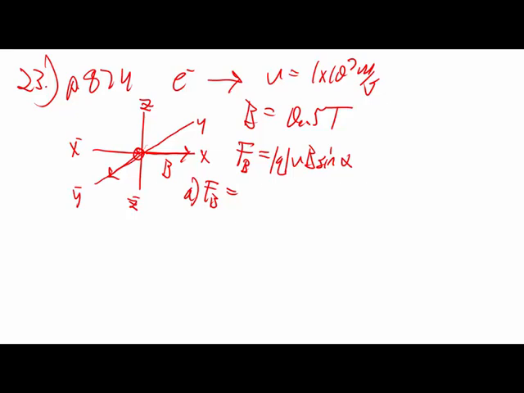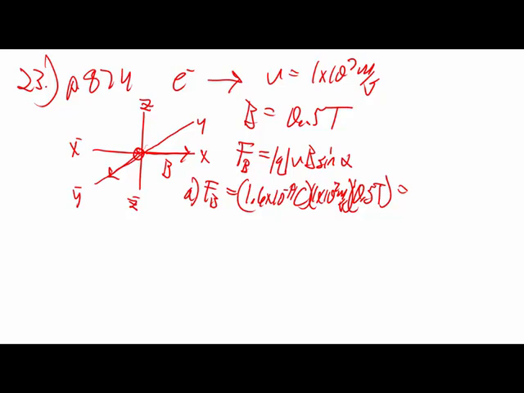Now it's the absolute value, so we're going to make it positive. So it's 1.6 times 10 to the negative 19th coulombs, and then times the velocity. We were given the velocity, which is 1 times 10 to the 7th meters per second. And then the magnetic field is 0.5 Tesla. And so we should get an answer of what?